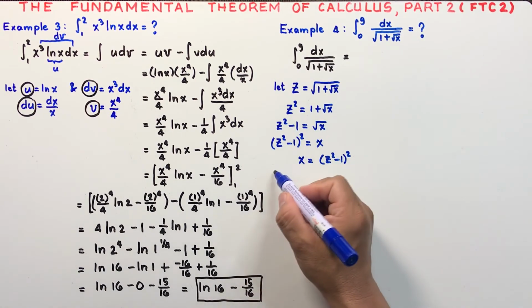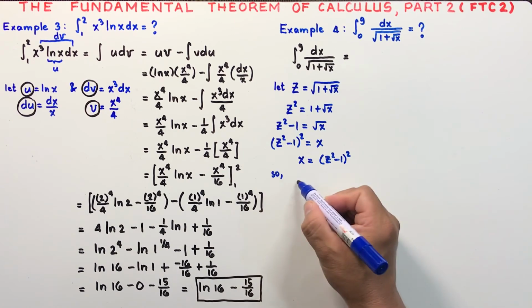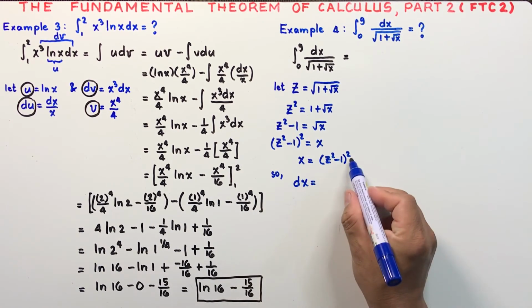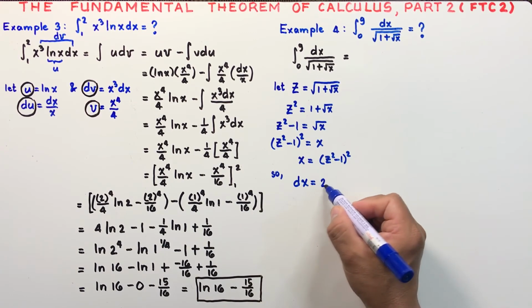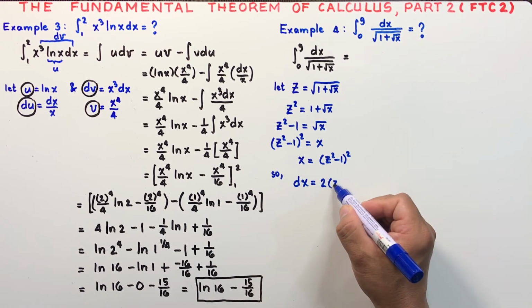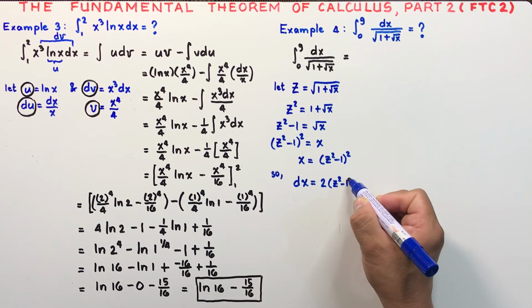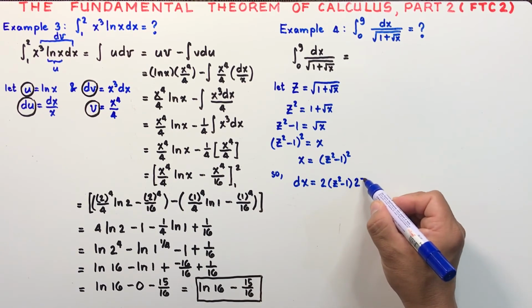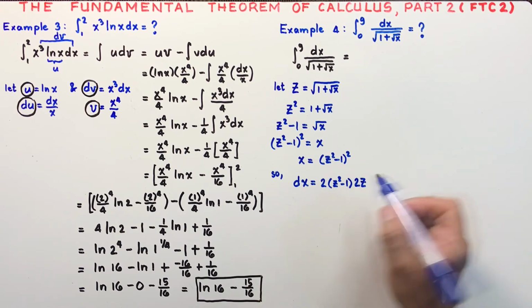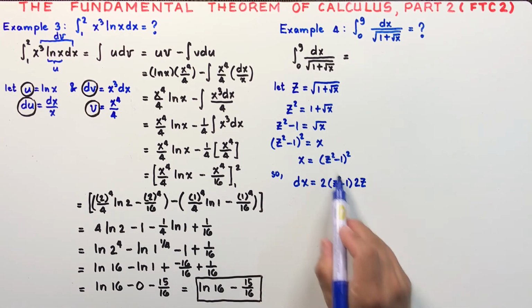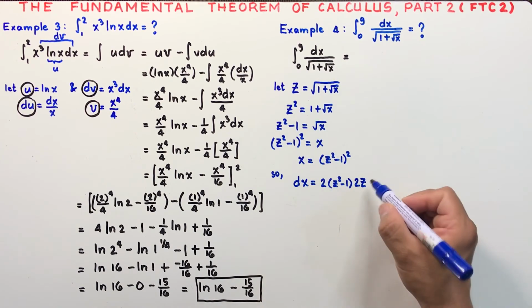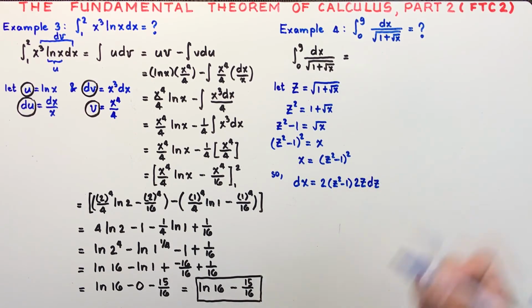So we can now find our dx here. Using the power rule, we have 2 times z squared minus 1 to the first power. And by the chain rule, we also need to find the derivative of the base, which is 2z, because the derivative of z squared is 2z, and the derivative of the constant negative 1 is 0 here.